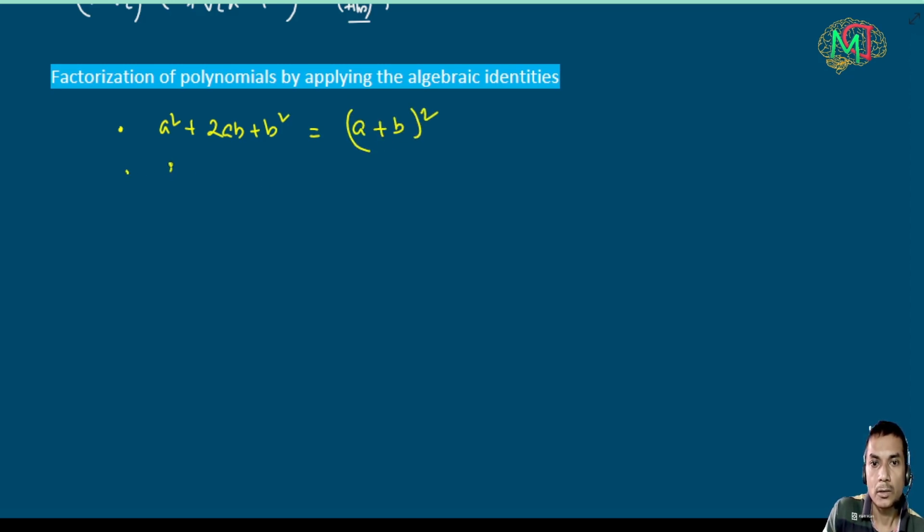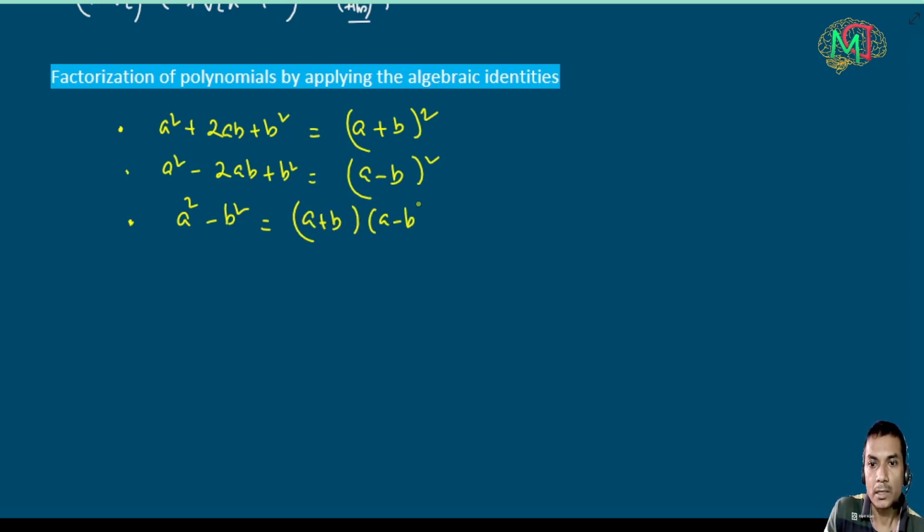Or a square minus 2ab plus b square, we can write as a minus b whole square. If we get the polynomial as a square minus b square, we can write it as a plus b into a minus b.